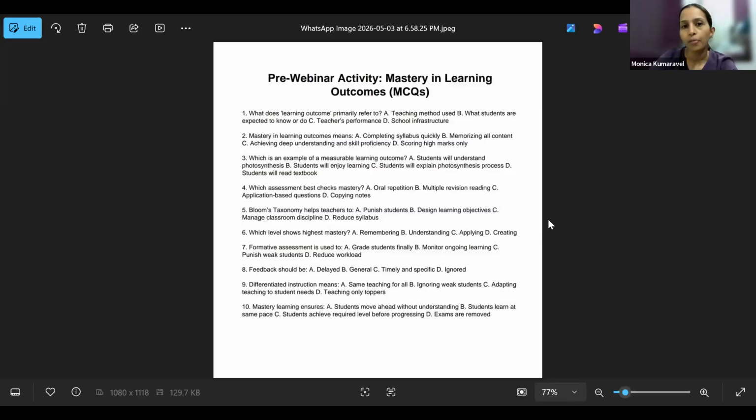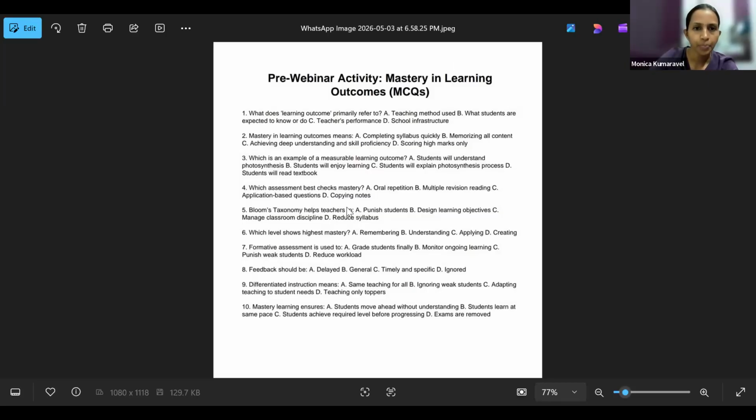What is an example of a measurable learning outcome? Student will understand photosynthesis, student will enjoy learning, student will explain photosynthesis, or student will read the textbook. It's B. Correct.